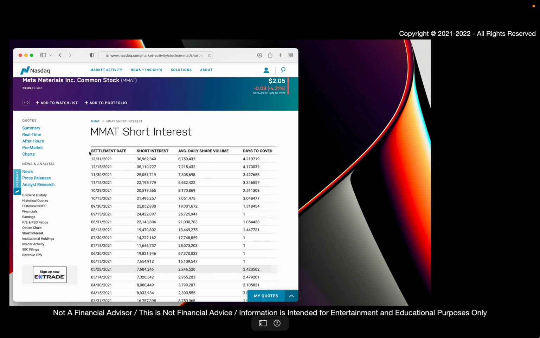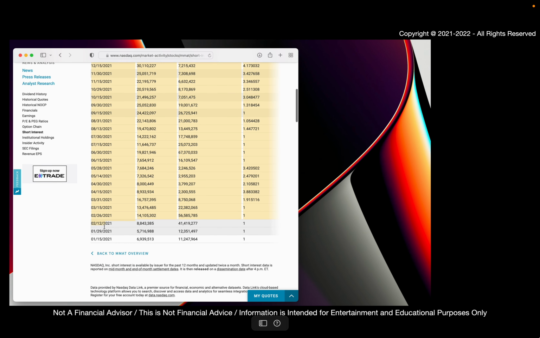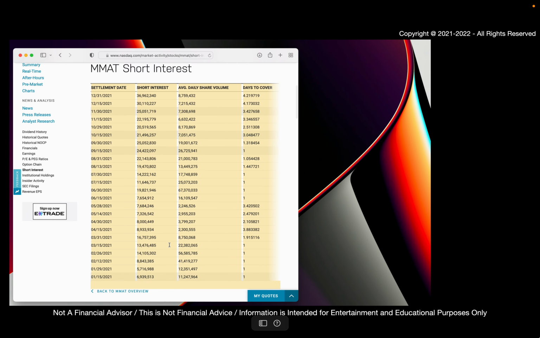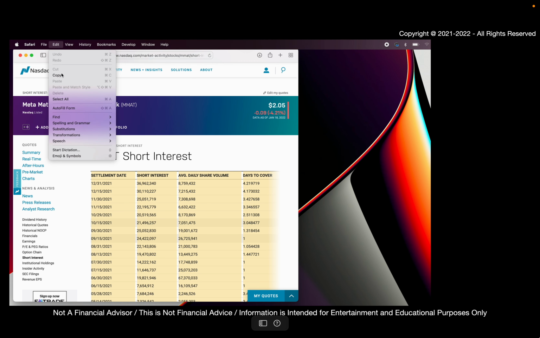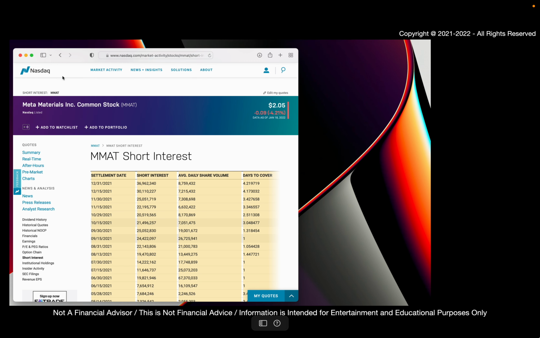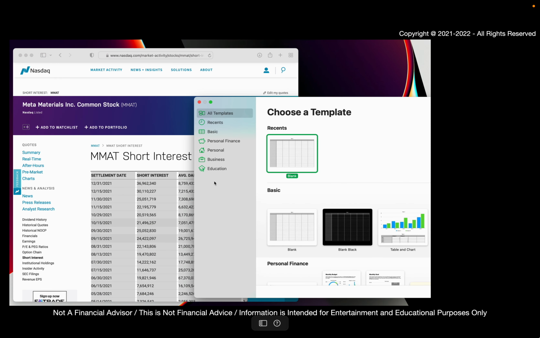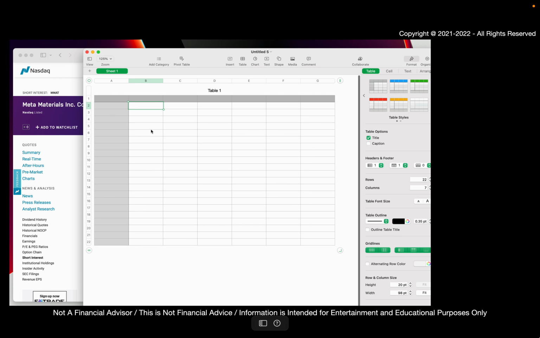So I'm just going to grab some data. I'll first select some data from this table and copy it. I don't like looking at columnar data, so let's see if we can stick it into a spreadsheet and see what it looks like, right? So we'll just do a paste.